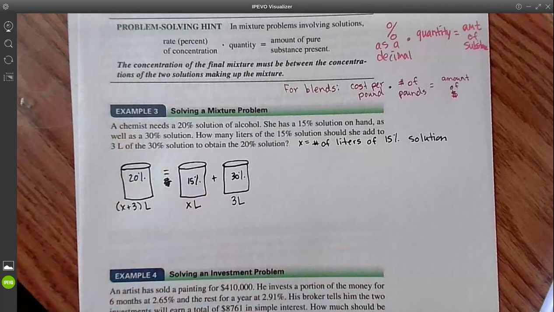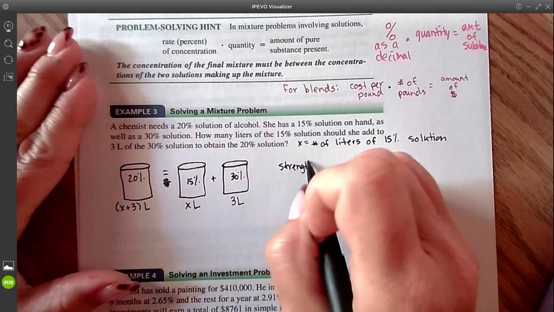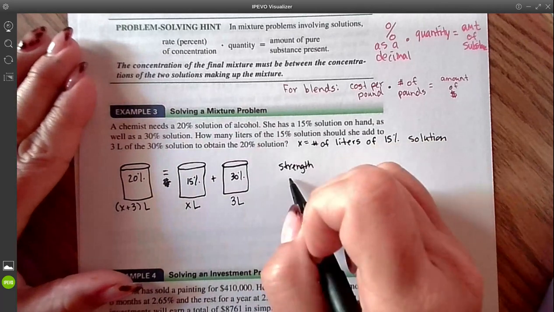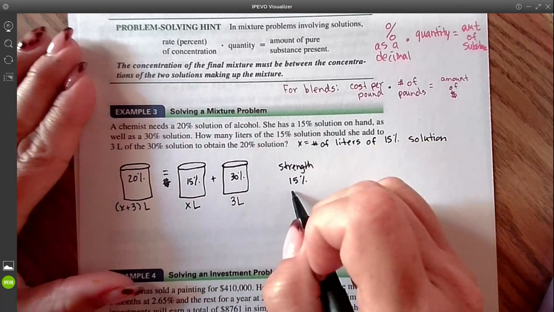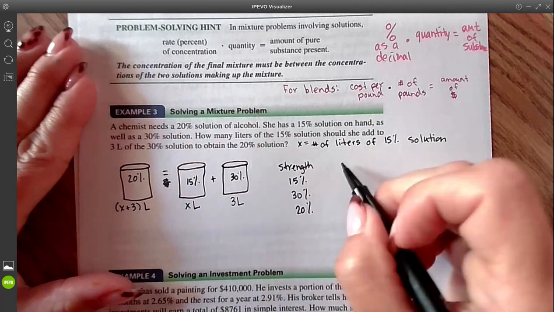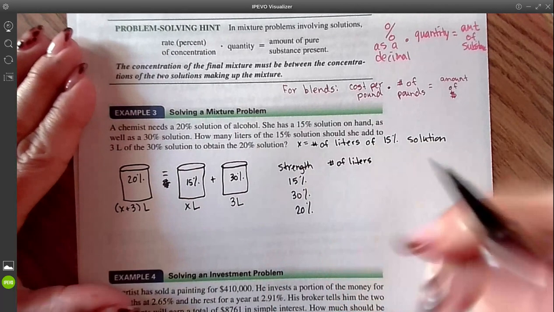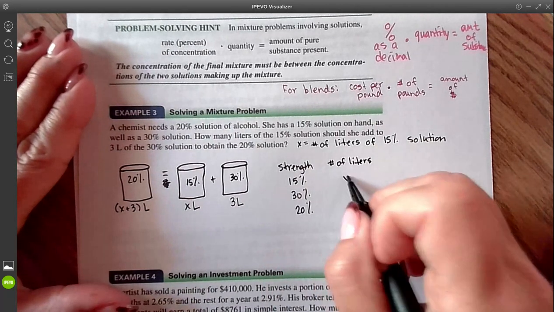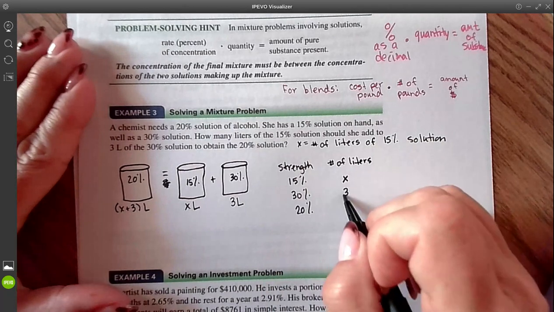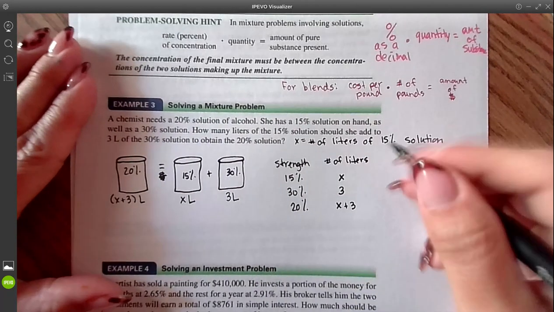So how does this look when I write an equation or make a table? If I have a column for the strength of our solution, we have a 15%, a 30%, and a 20%. Then we have number of liters. We have x of the 15%, 3 of the 30%, and x plus 3 of the 20%.